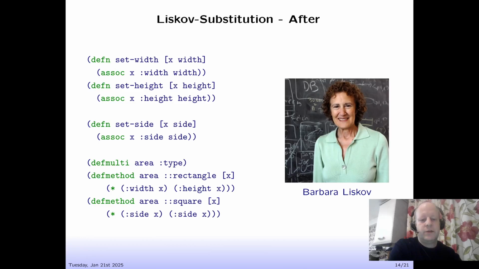So if we have a rectangle, width times height is the area, and if we have a square, side squared is the area. And like this, the Liskov substitution principle is fulfilled. We basically make it such that a square cannot simply be substituted for a rectangle anymore.